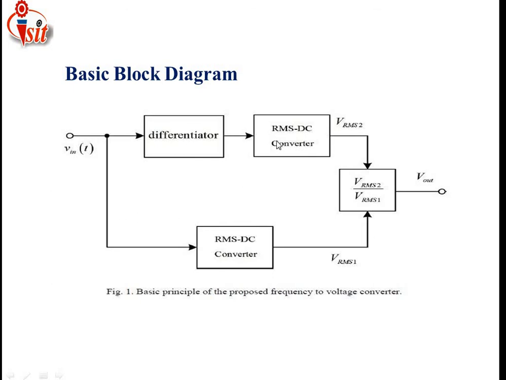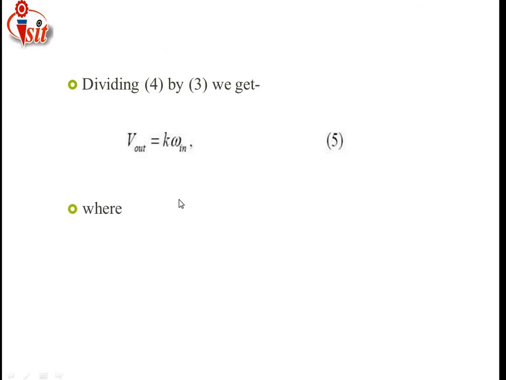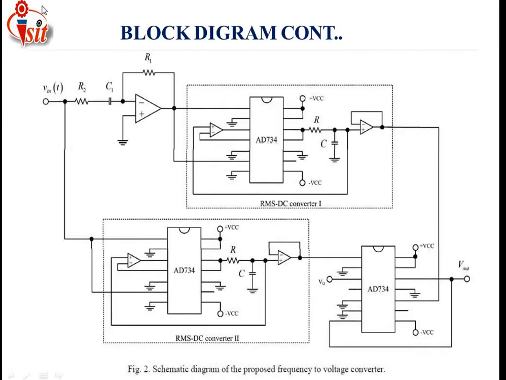The output voltages of the first and second RMS DC converters are Vrms1 and Vrms2, and by taking the ratio Vrms2 divided by Vrms1 we get the output voltage V out. This block diagram is represented here as a circuit diagram. Here this is the differentiator circuit, this is RMS DC converter 1, and this is RMS DC converter 2.